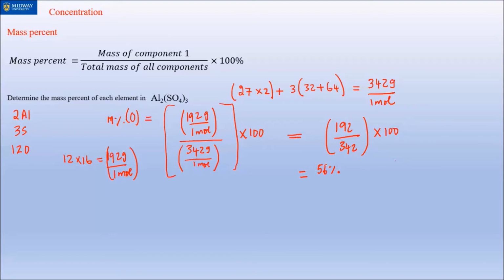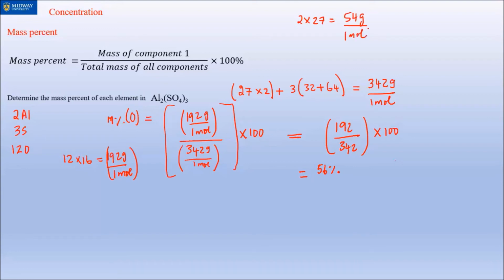So let me do it for aluminum, and you guys can do it for sulfur. I obviously won't make it on this video. You have to figure this out yourself. So let me do it for aluminum. Each aluminum is about 27, so 2 times 27 is 54 grams over 1 mole.